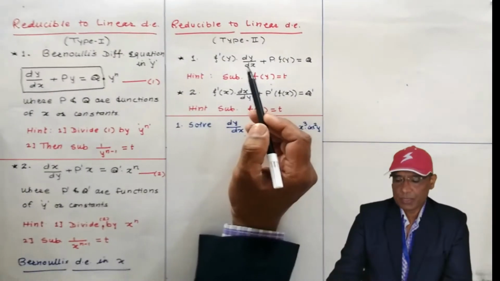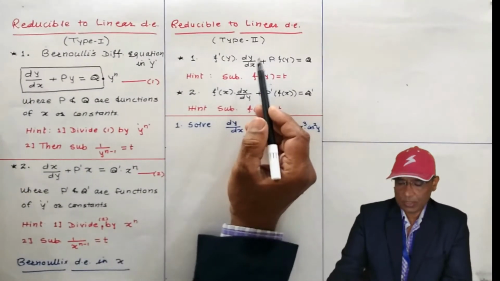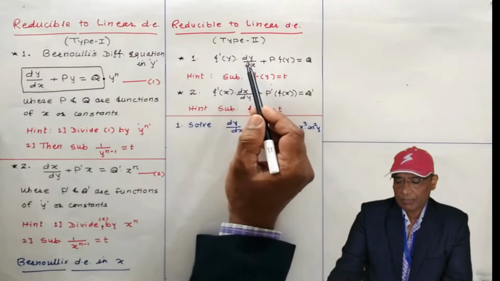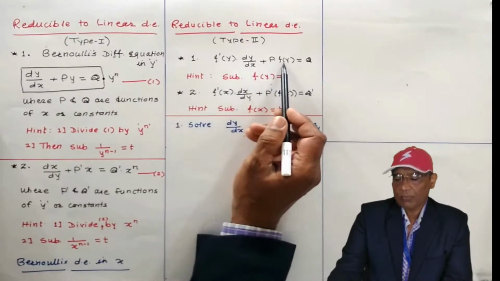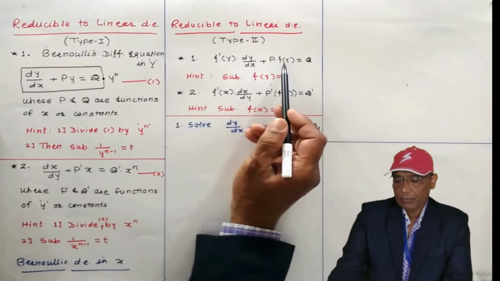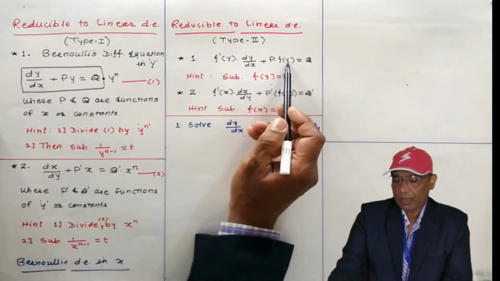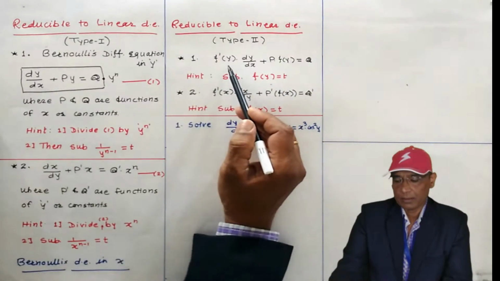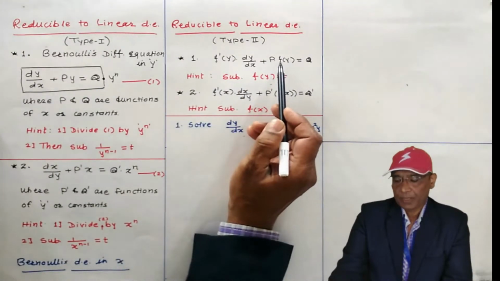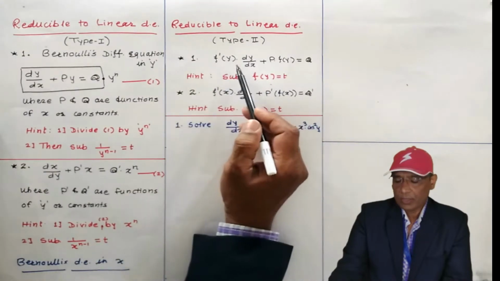Now, reducible to linear differential equation type 2: f'(y) dy/dx + p f(y) = q. If you observe this carefully, the derivative of f(y) with respect to x is being repeated here. Derivative of f(y) is f'(y) dy/dx.